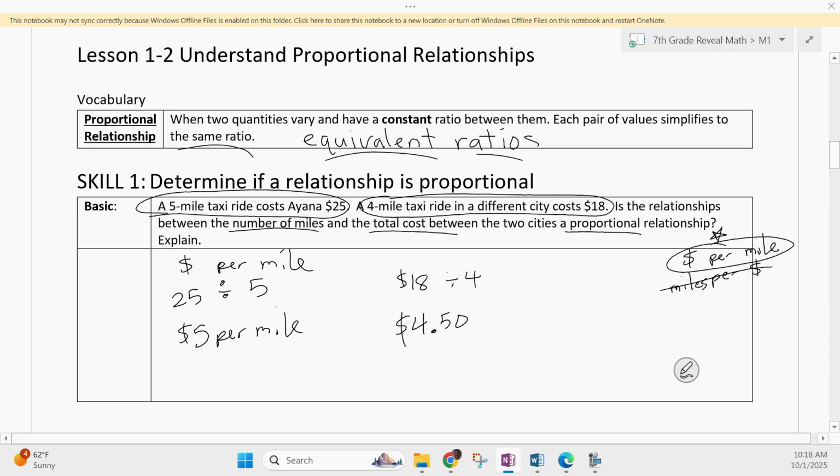What do you say, guys? Proportional? No. A lot of head shaking. Can't see that on the video, but they're saying no. We got two different ratios. So we're going to say non-proportional, non-proportional. The ratios are not equivalent.